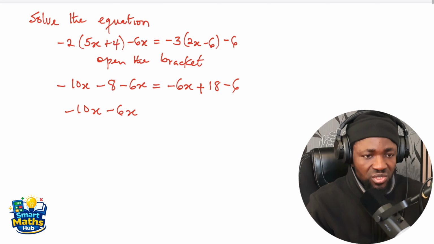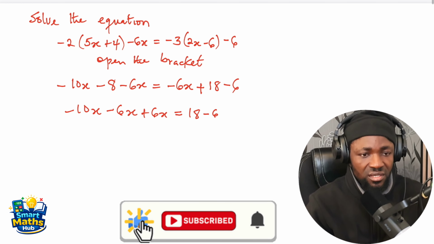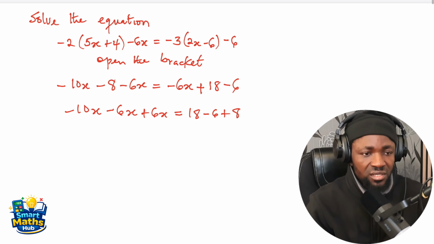When it crosses to the other side, it will change sign to plus 6x equals to, then 18 minus 6. There's another minus 8 here. Your sign will change to plus 8, right?